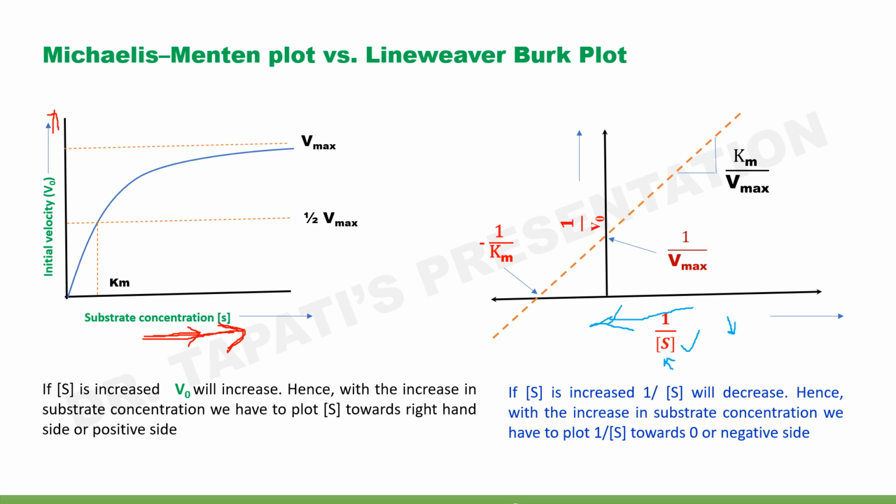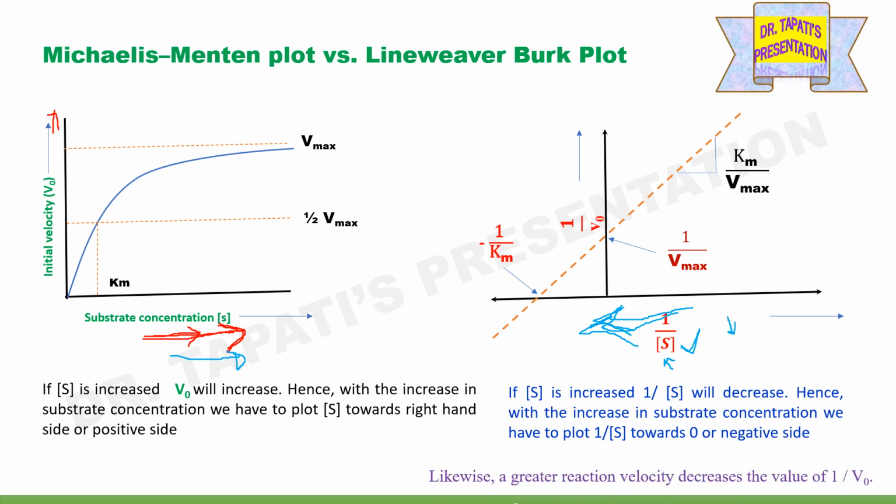If you increase substrate concentration, then 1 by substrate concentration will decrease. Therefore, we have to plot it towards the 0 point or negative side. These are the two differences. Here we are plotting towards the positive side. In case of the Lineweaver plot, we have to plot towards the negative side because it is 1 by S.